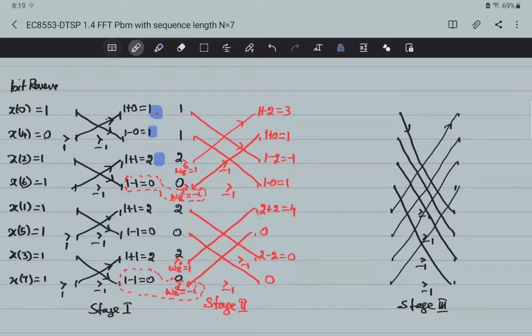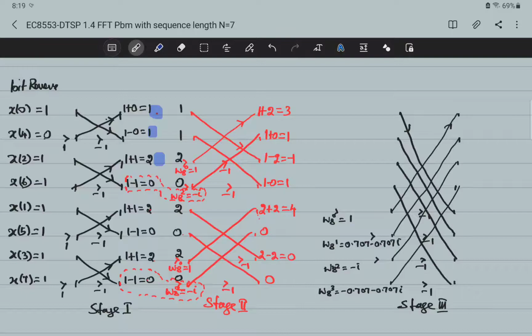So here the twiddle factors are W8 power 3, which is minus 0.707 minus 0.707j. Here W8 power 2, which is -j. Here W8 power 1, which is 0.707 minus 0.707j. And here it is W8 power 0, which is 1.